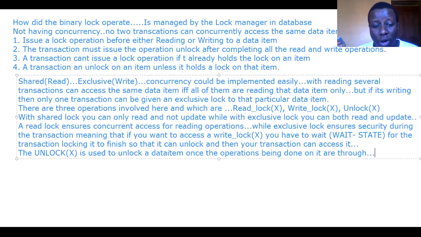So we have that as the locking mechanism.